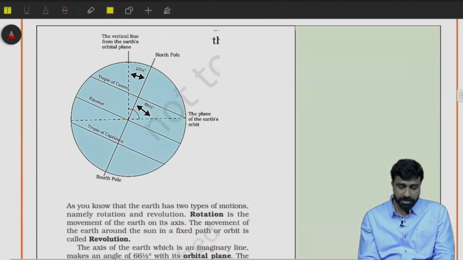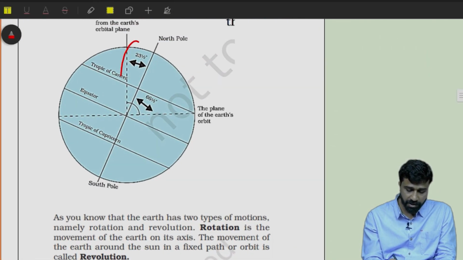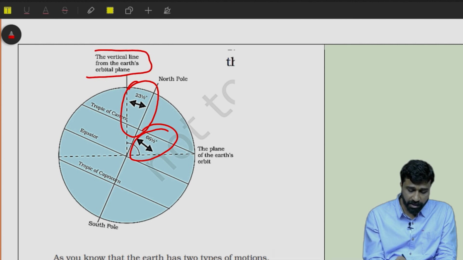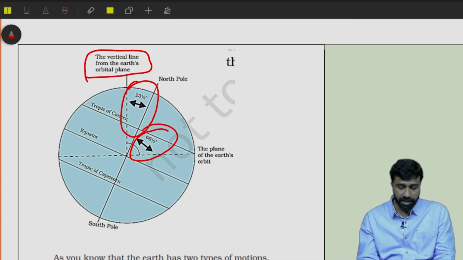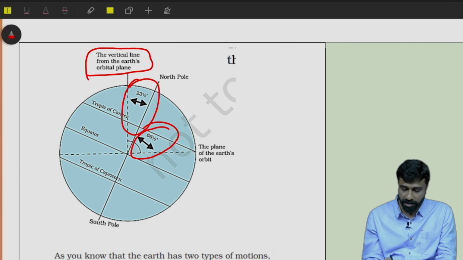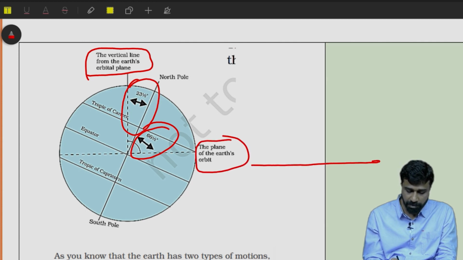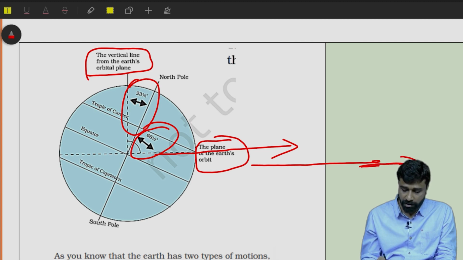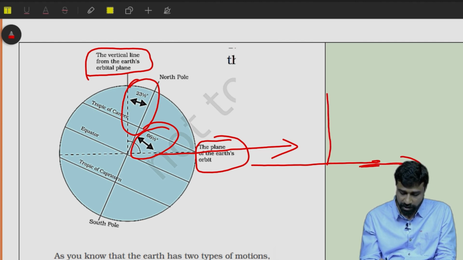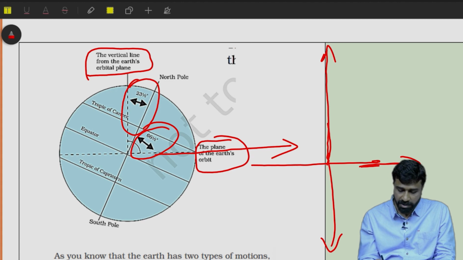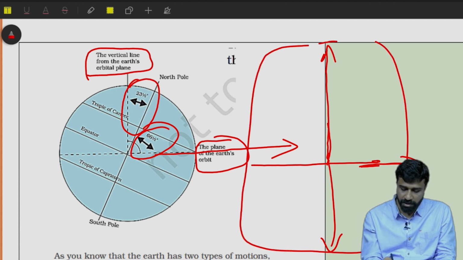So this is a basic concept which you have to learn, 23.5 and also 66.5, from the vertical line from the Earth's orbital plane. This is the orbital plane. If you draw a vertical line exactly in the midst of the orbital plane, you find a two-dimensional picture here, with an x-axis and a y-axis.